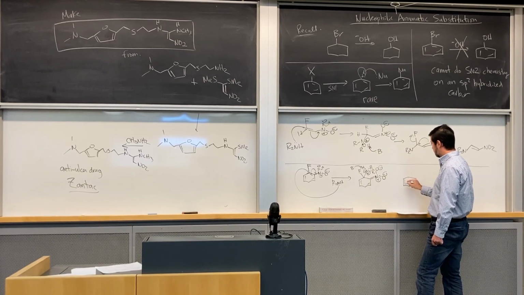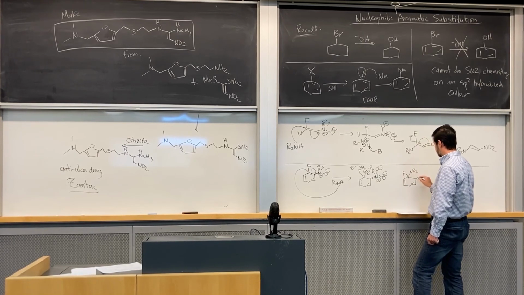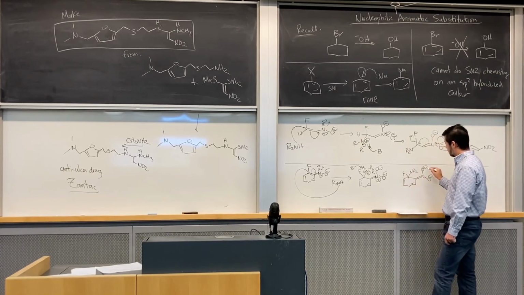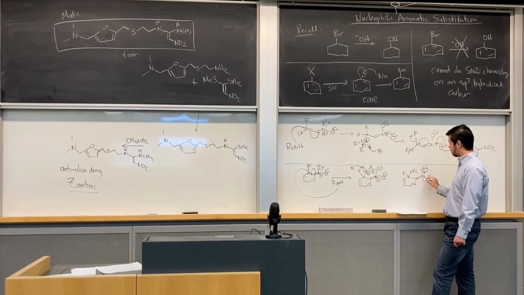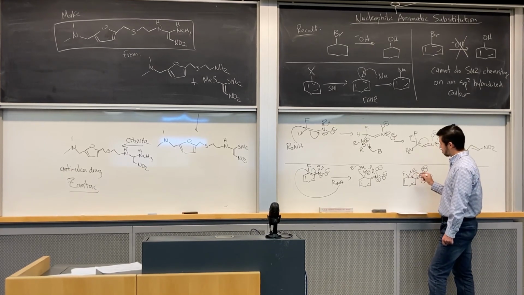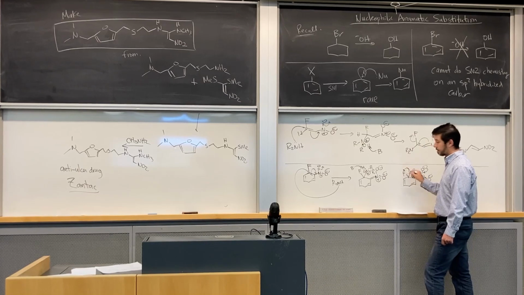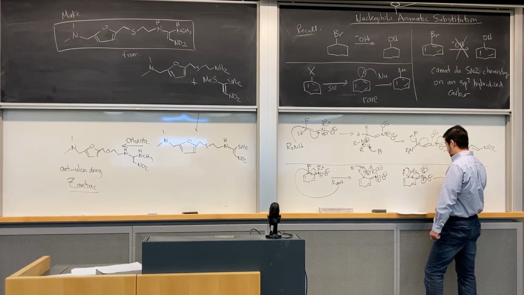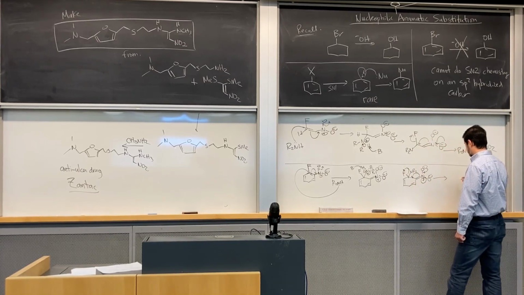So your next intermediate will look like this. We've broken the aromaticity, as you've seen. And now the electrons from one of the oxygens come down, push and re-aromatize, and then F- will leave, and this will be your new product.